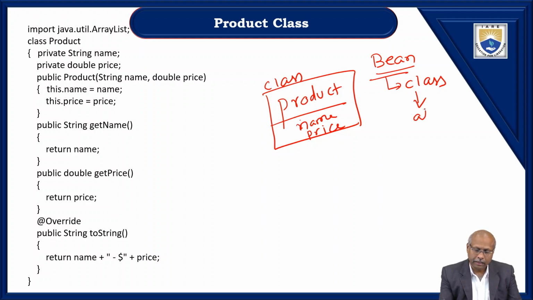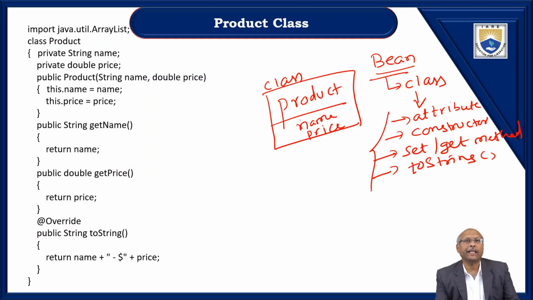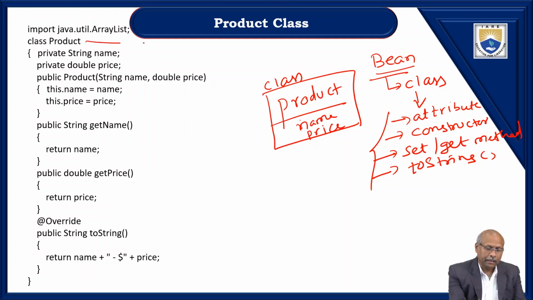One is attribute, second is constructor, third one is setter and getter methods, and fourth one is toString method. These are the four important things you have to implement in a bean. So the product class will be acting like a bean. This is my bean.